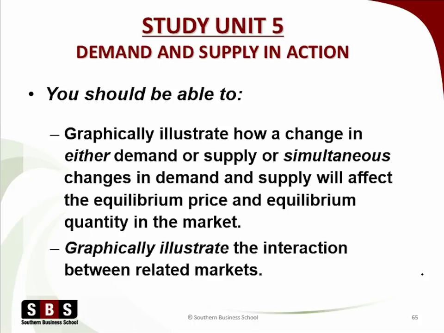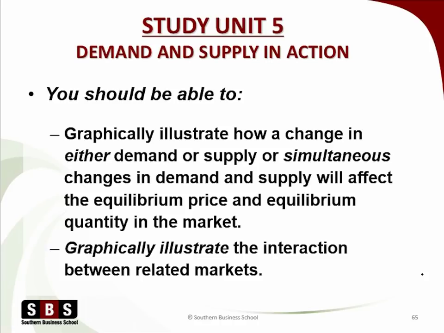So in practical terms, go back to those tables and see if there's a decrease in the price, what the effect will be on the demand side, and if there's an increase in the price, what will be the effect. And also on the supply. Remember, we said if the price goes up, the suppliers are going to supply more. But if the mussels are contaminated, the price will come down and the suppliers will produce less. And there will also be less demand. So you must see the two in correlation to each other.